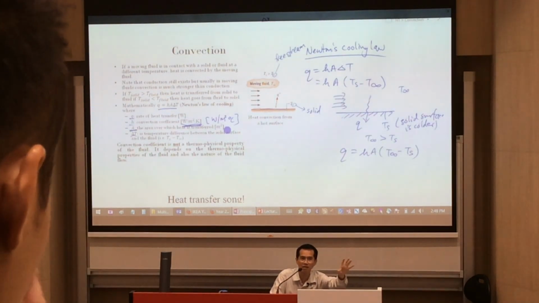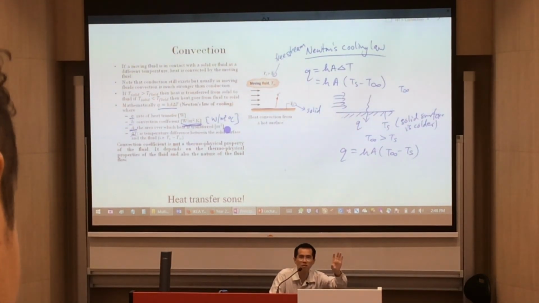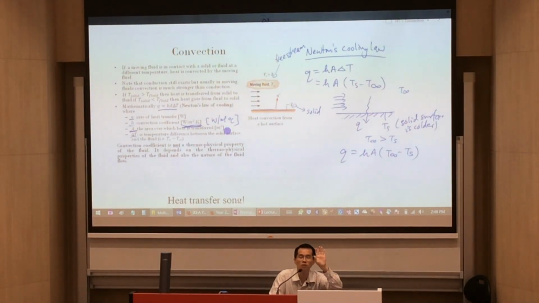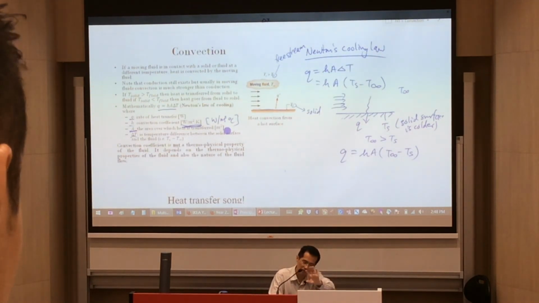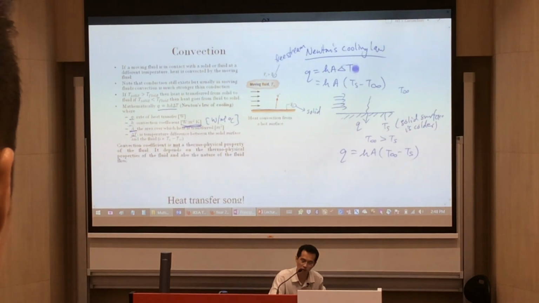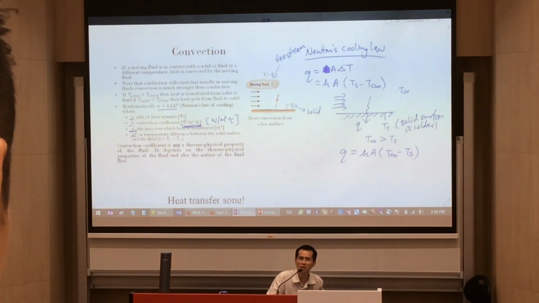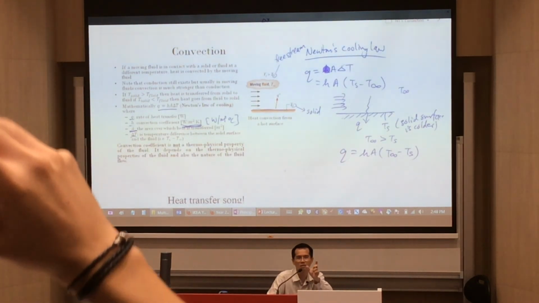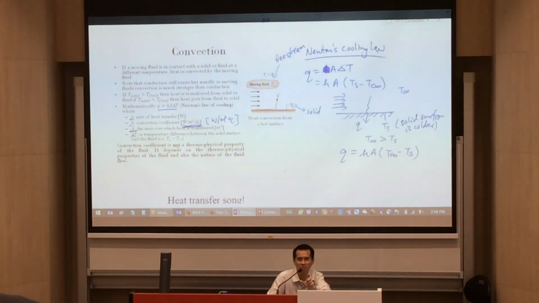So if I have 10 watts per meter squared Kelvin, it's equal to 10 watts per meter squared degree Celsius. The same. Why are they the same? That's because you're looking at change in temperature. The change of temperature in degree Celsius is the same as the change of temperature in Kelvin. I know Kelvin and degree Celsius are different units, but we're talking about change in temperature.